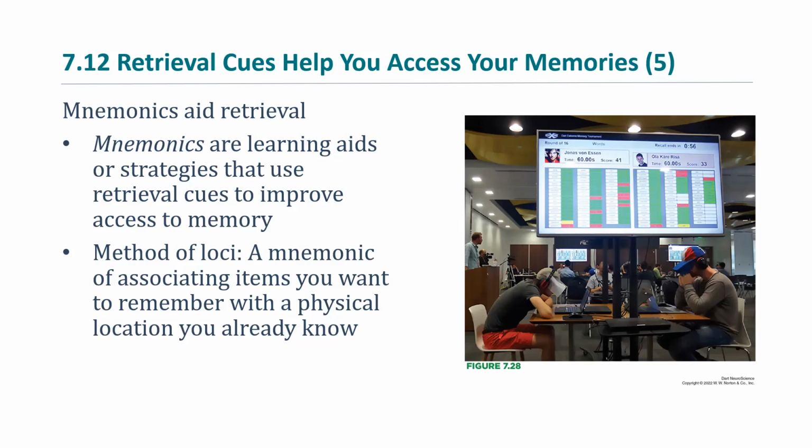One method that some people use, and it's not really taught or well used these days, is the method of loci. It's a mnemonic of associating items you want to remember with a physical location you already know. Memory champions often use this method. They use familiar places like their home when they have to remember things in a sequence or order.